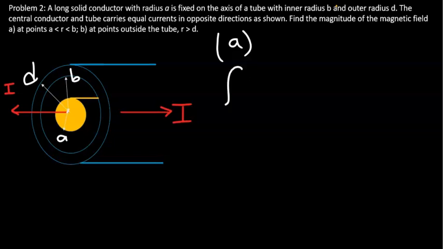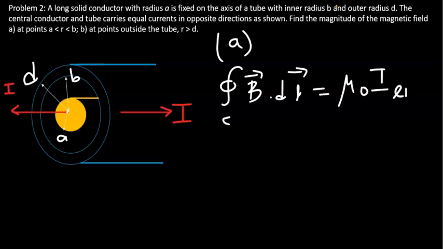Note that Ampere's law states the following expression: I enclosed. Now when we say I enclosed, this is the current enclosed within the contour C. So within this region, the magnetic field is circular.